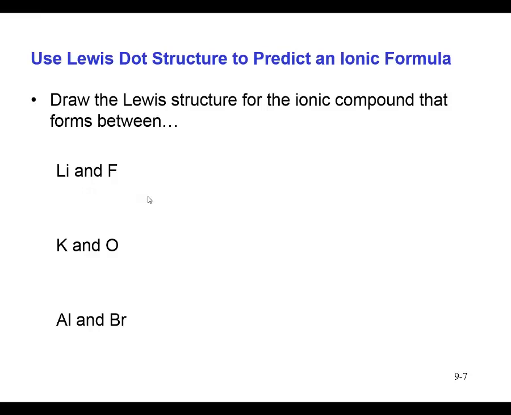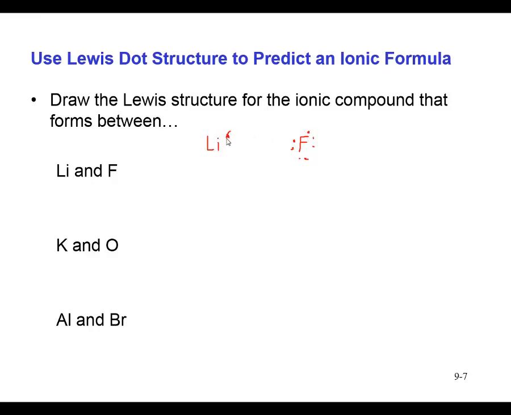So first of all, let's consider what's going on when we have lithium reacting with fluorine. The lithium neutral atom has one valence electron. If we consider fluorine's Lewis electron dot structure, it has 7 valence electrons, so you put 7 dots around it.